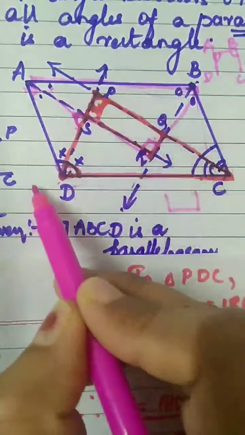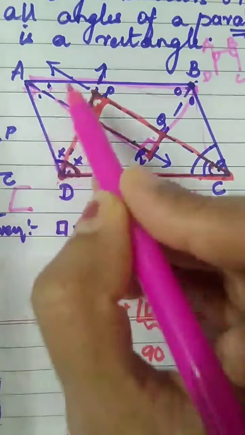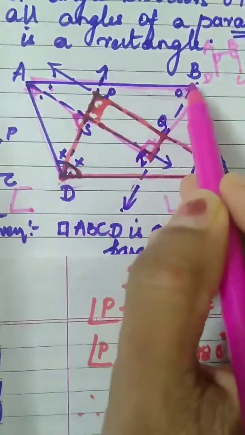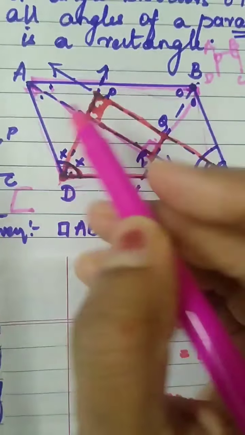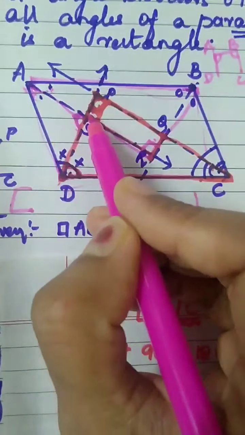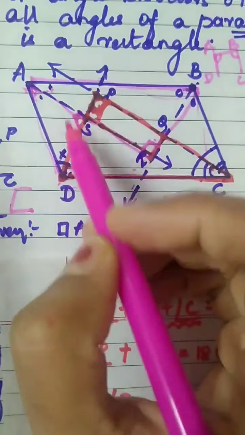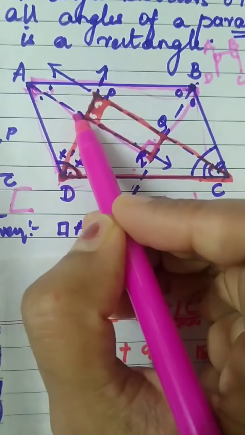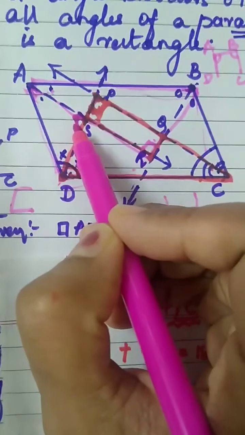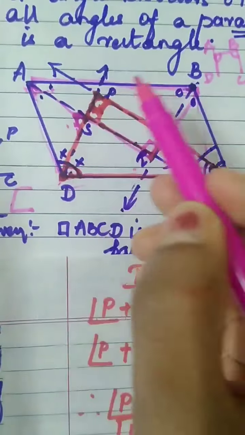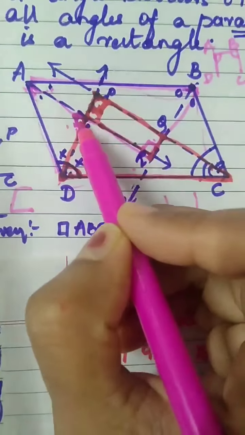Now here you will take the interior angle this way. Angle BAD plus angle ADC is equal to 180. Then half of this you will consider. Like that, this angle you will get 90 degrees. S you will get 90 degrees. If S is 90 degrees, then its vertically opposite angle is PSR.